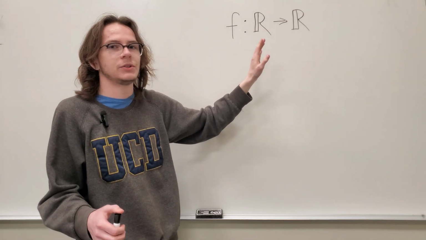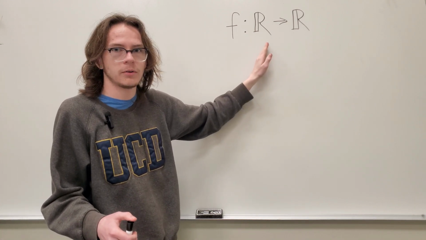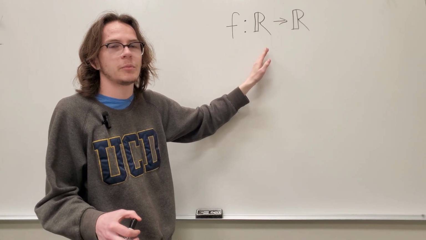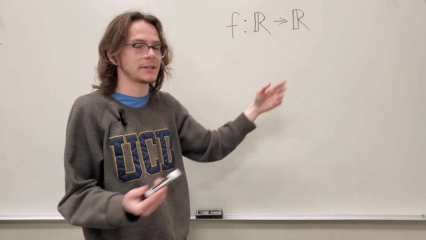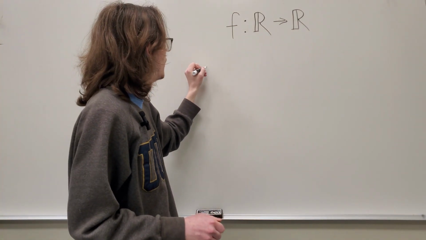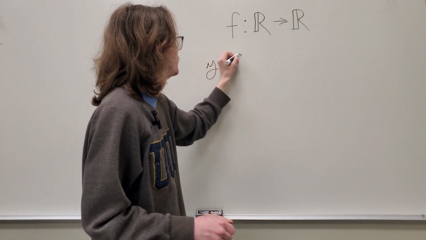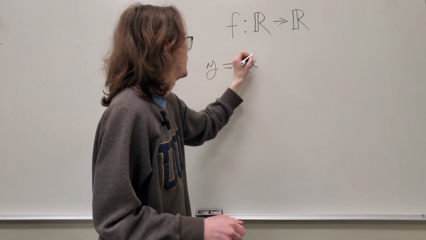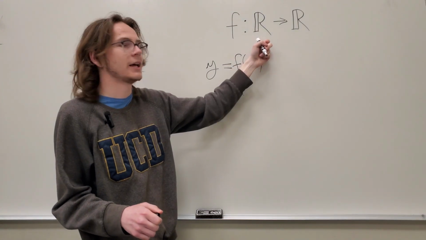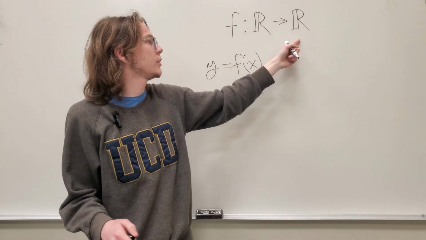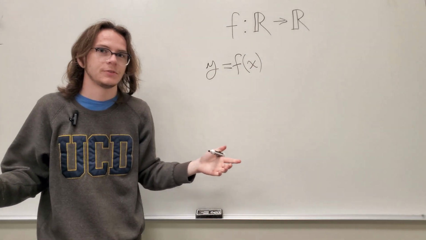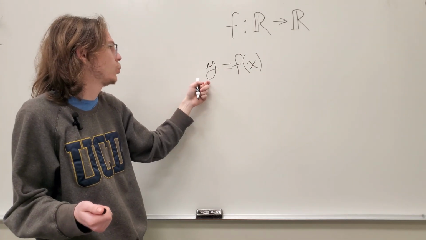Because this is just R, our input number is going to be one-dimensional. And so what this is saying effectively is y equals f of x. If we say that x is an element in R, we'll say that y is our output in R. And this is just the definition of a function. For every one input, we get one output.